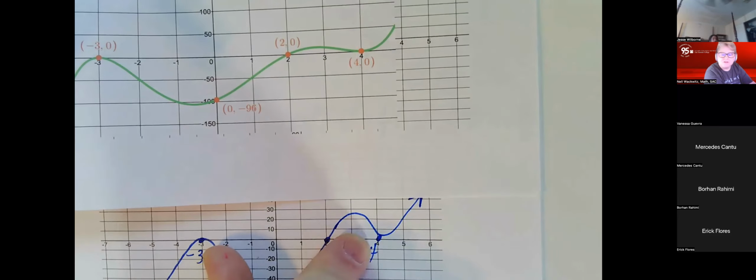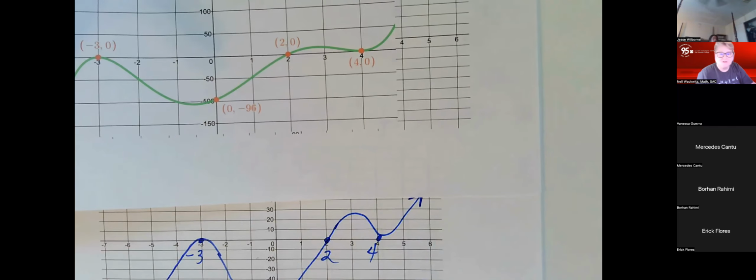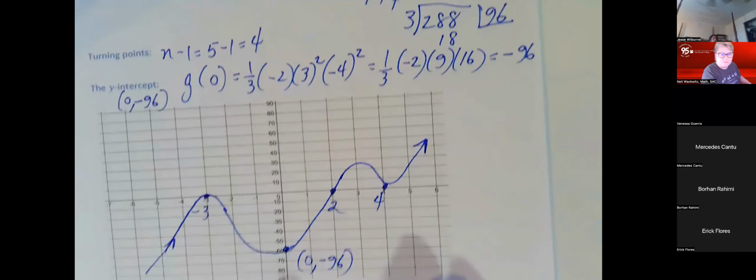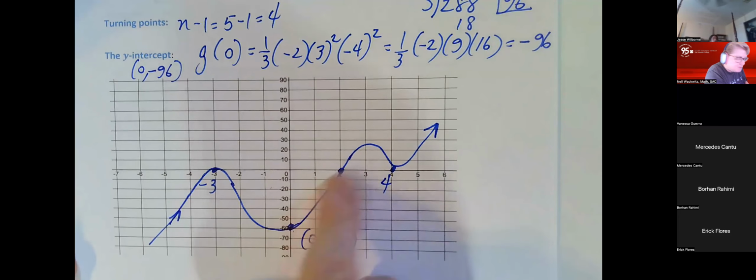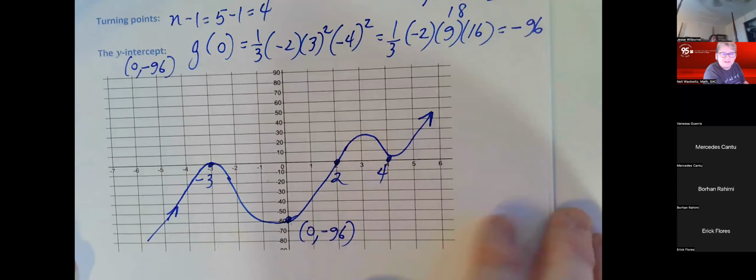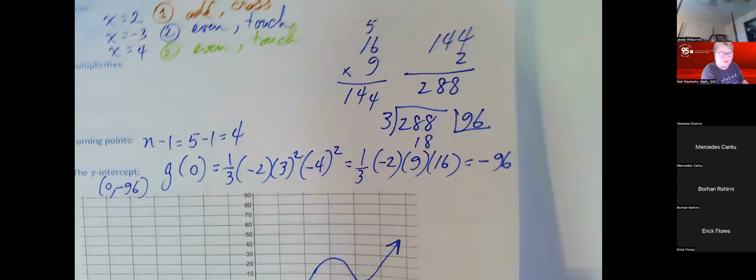Then it crosses at (2, 0) and touches at (4, 0), and it leaves positive. Again, in order to see where these turning points actually occur and how high they are, it takes calculus. So some of you are going to get to do that.